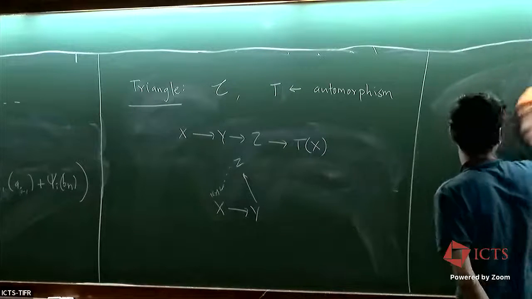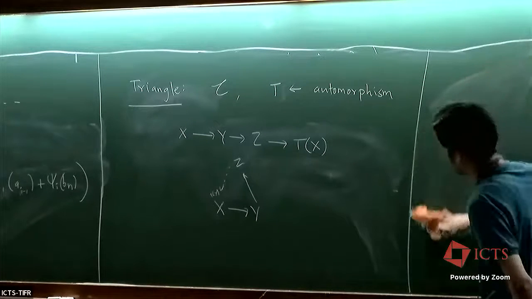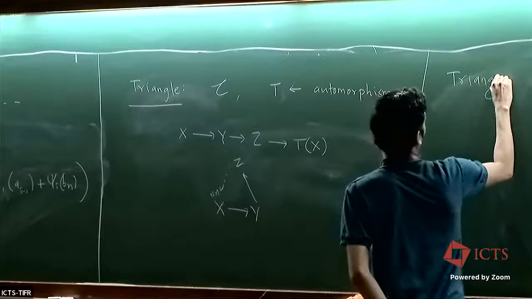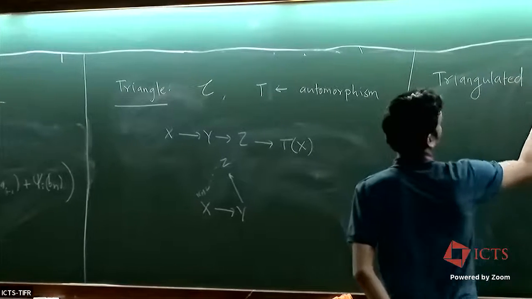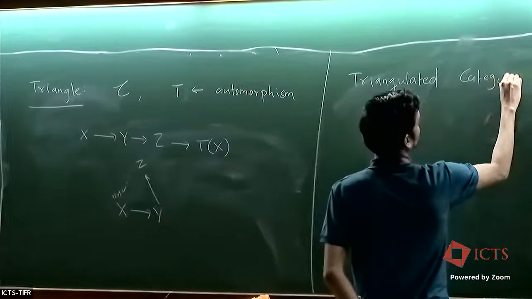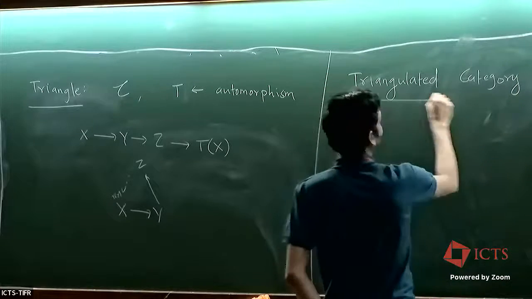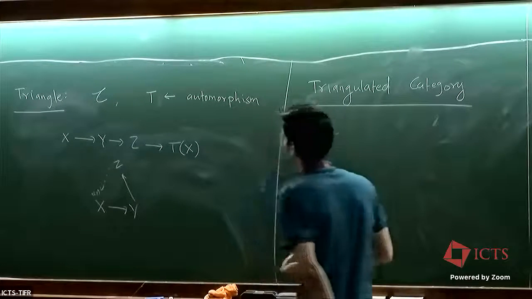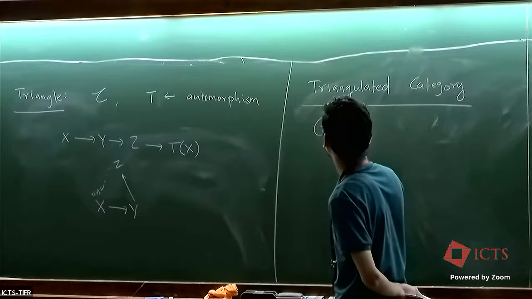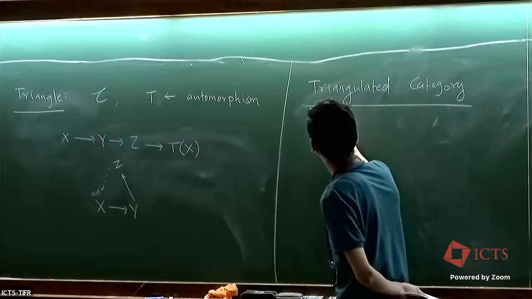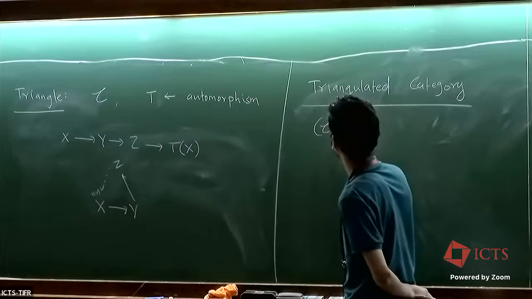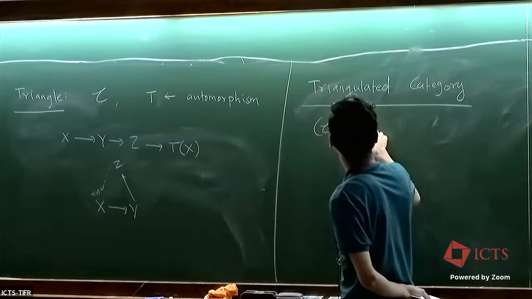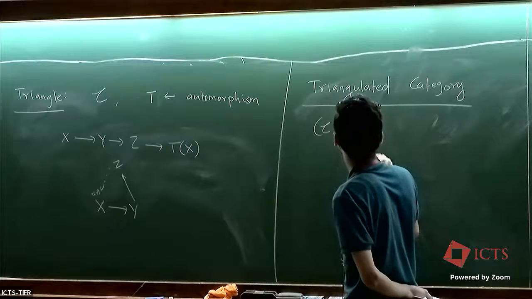Let me now define what a triangulated category is. So you have a category C. You have a translation functor T on that, which is an automorphism. And you are given a collection which we'll call distinguished triangles.